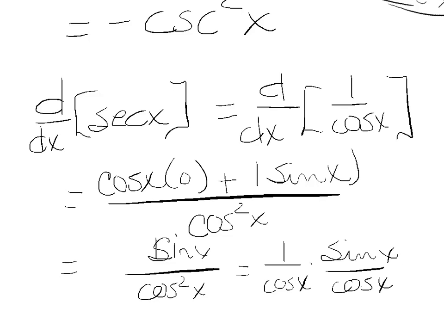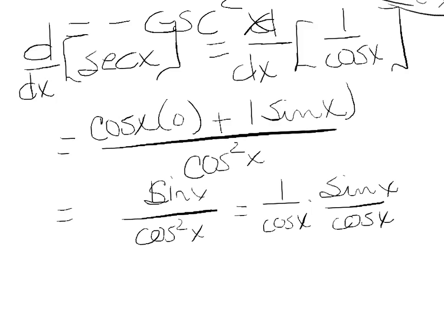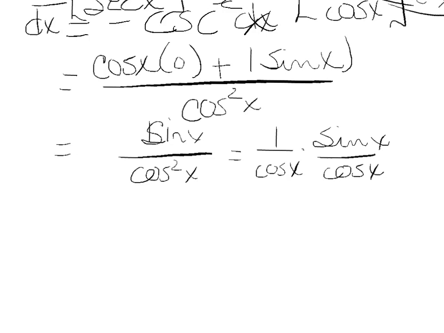Now that gives me sine x over cosine squared x. So we end up with, what's this? 1 over cosine is secant x tan x. And that's the derivative of the secant: secant x tan x.